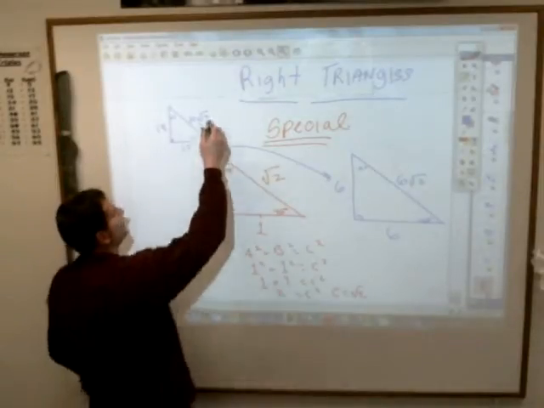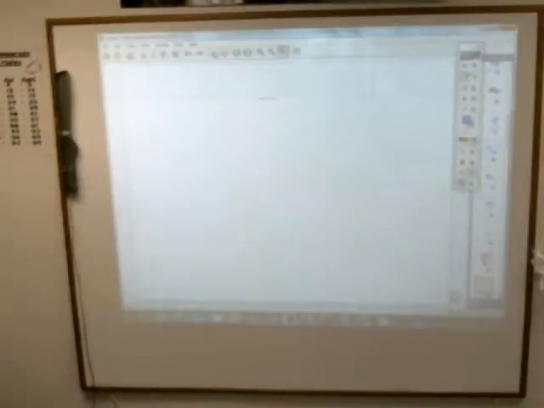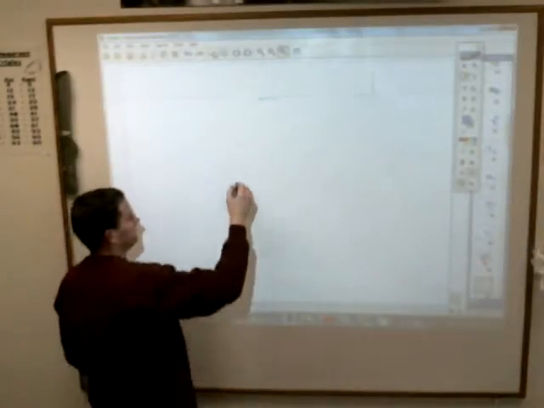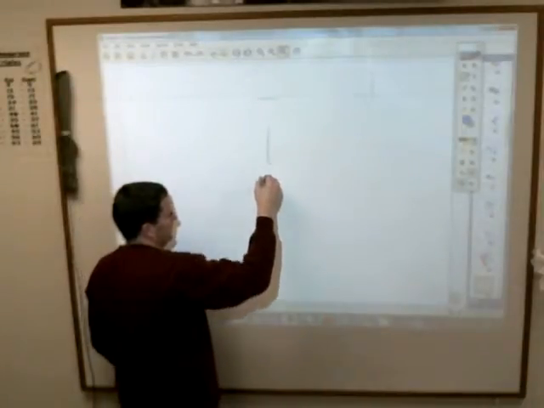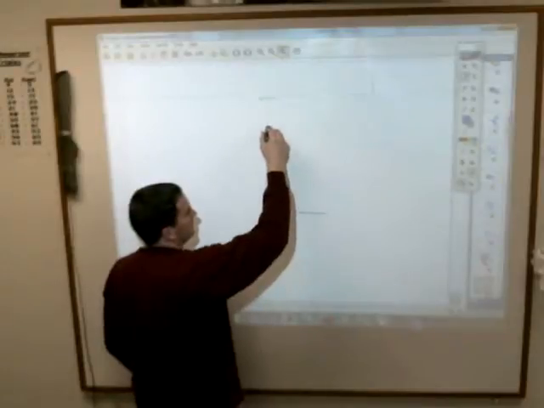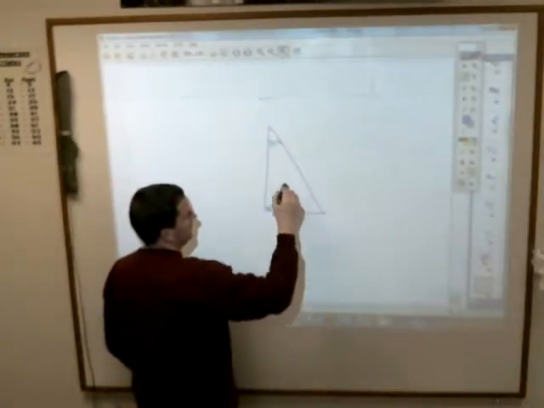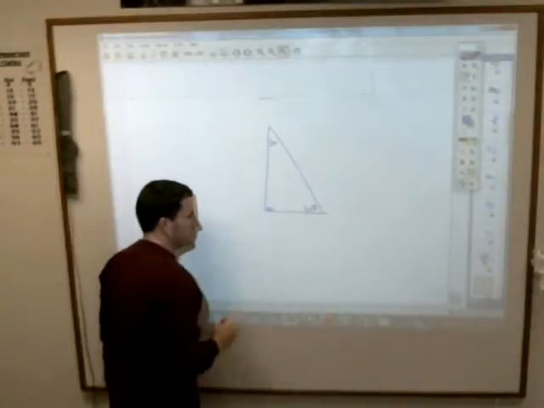They're just trying to get you to recognize that. Now the next one might not be quite as easy, and we'll look at a couple of examples in a second. The other one is a 30-60 triangle. In other words, it looks like this. You've got the right triangle, one angle that is 30 degrees, and the other angle is 60 degrees.